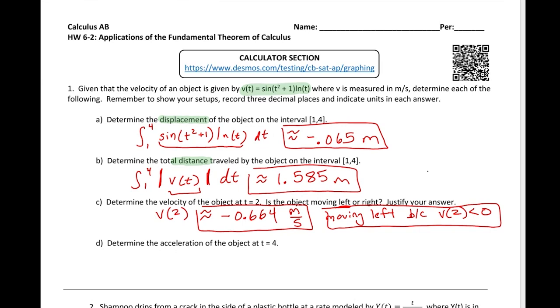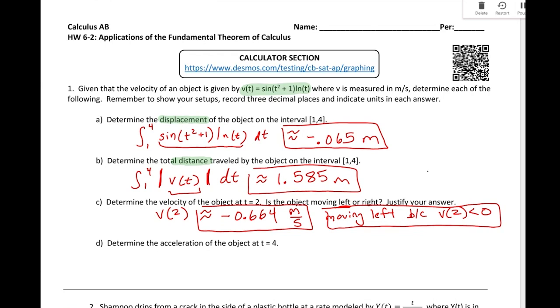The last part wants the acceleration of the object at t equals 4. So here, since we need this acceleration, we need to make a connection between the acceleration and velocity. On the AP test, anytime you're given one of these particle motion functions, whether it be position, velocity, or acceleration, if the question is asking for something they don't give you, you always have to establish that relationship.